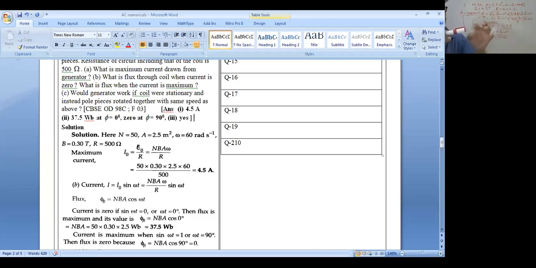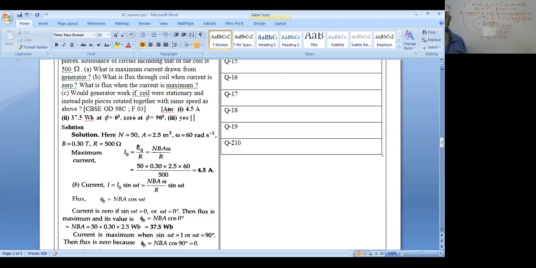As the north pole comes closer, more and more lines of force link with the coil. Suppose you take the reverse case: the magnet is fixed and the coil comes closer. You get the same thing.